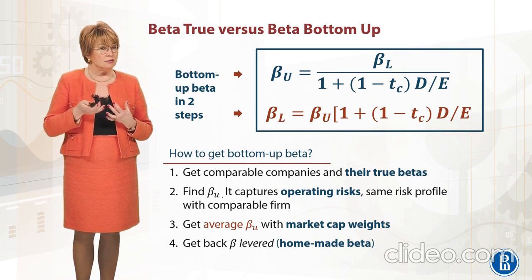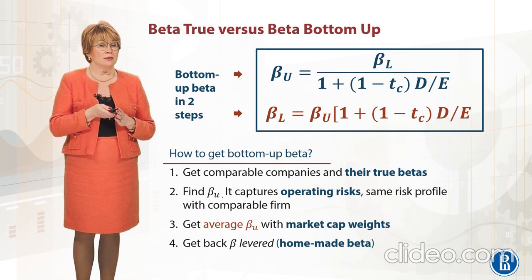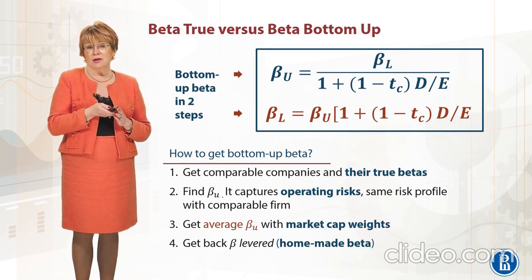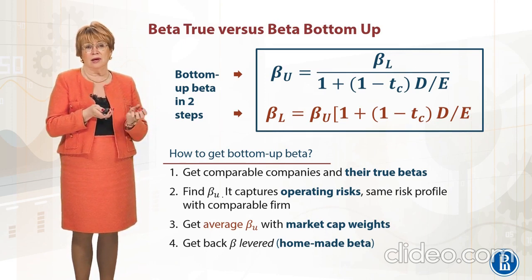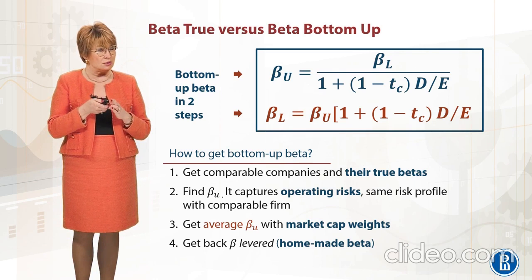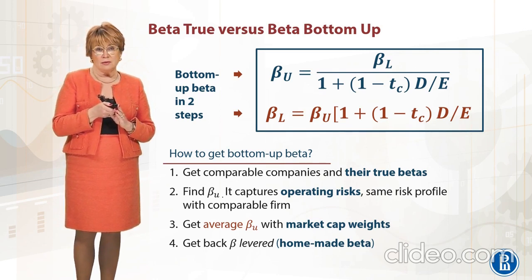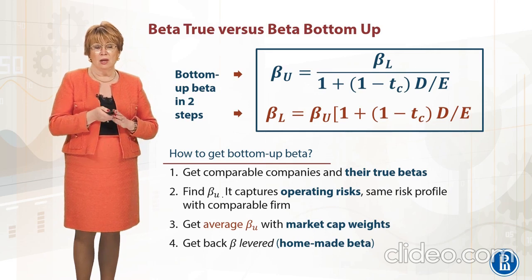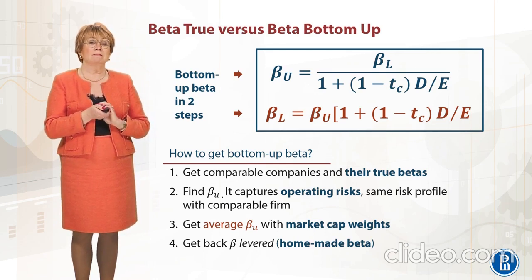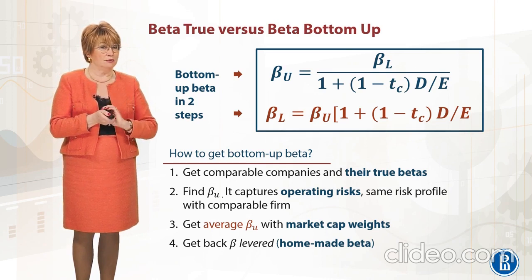What could be the second reason that beta bottom-up will help us in our analysis? The second reason is really more tough, really more evident. If we are looking at a company which is not publicly traded, but we need to understand the required rate of return on its equity capital, the beta bottom-up could be used to understand the required rate of return of a closely held company which is not publicly traded.